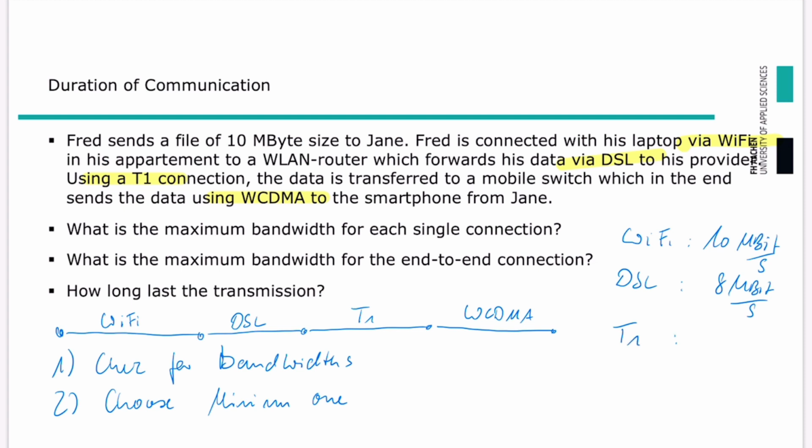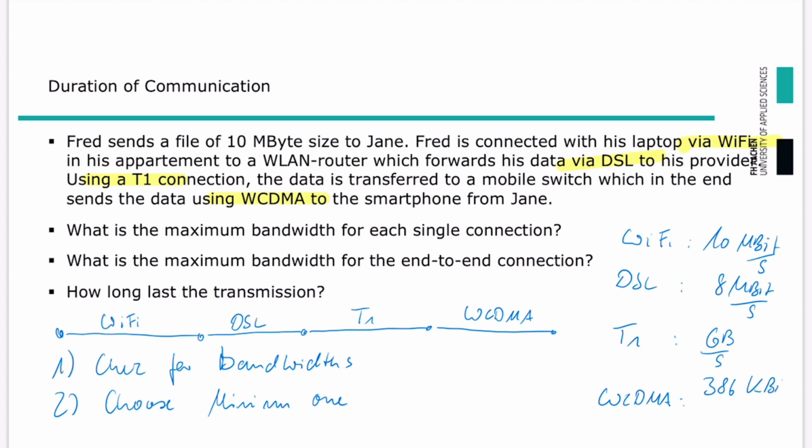Here we are going for gigabit per second. And the weakest part is WCDMA. Here we have a maximum of 384 kilobit per second. So that's what we need.